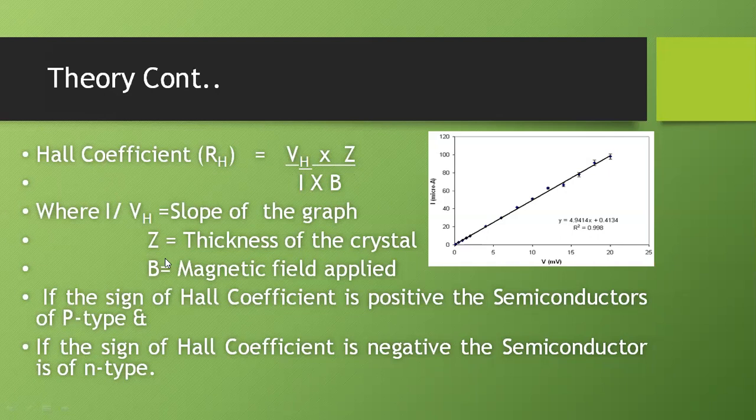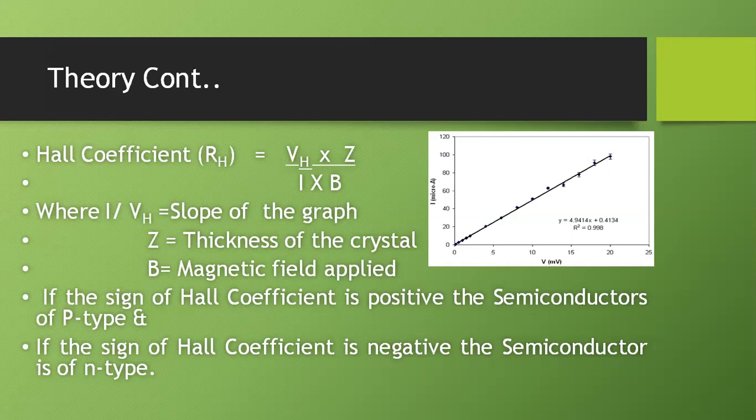When you look at the obtained Hall coefficient, if it is negative, the semiconductor is n-type. If the Hall coefficient is positive, the semiconductor is p-type. In that way, you can determine whether the given semiconductor is p-type or n-type.